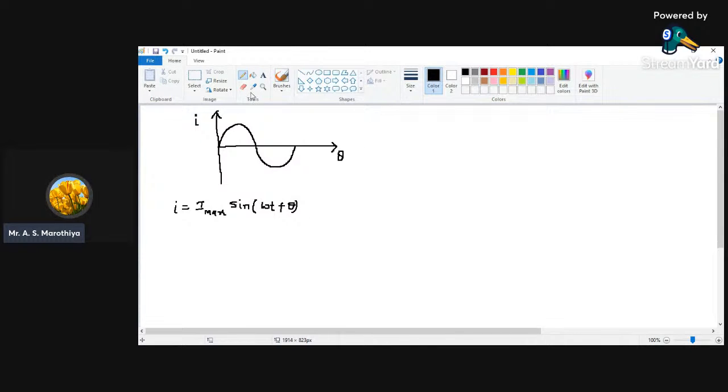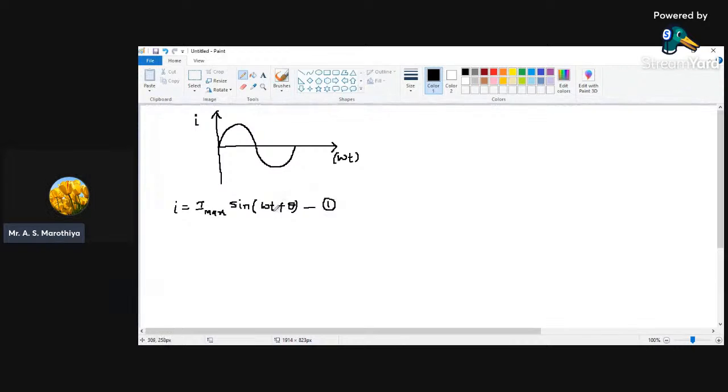Instead of taking theta alone, I am now writing this in terms of omega t, where omega t itself indicates the variable component in our case. Let this be your equation number 1.